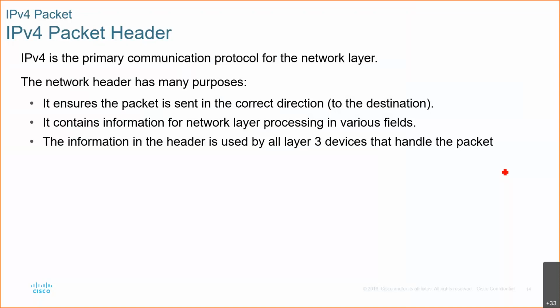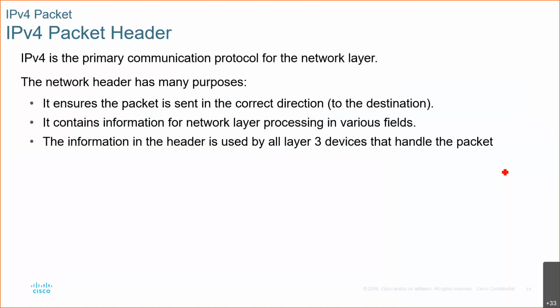The IP version 4 being the primary communication protocol for the network layer, the header has some purposes. First of all, send the packet in the correct direction. Have the information about different fields in the header, and use this information in all parts of the network that handle the packet.